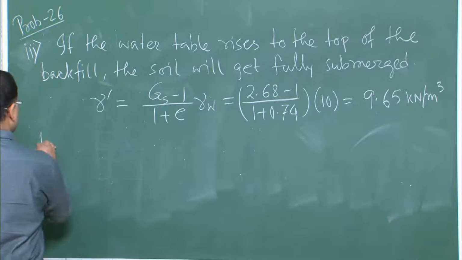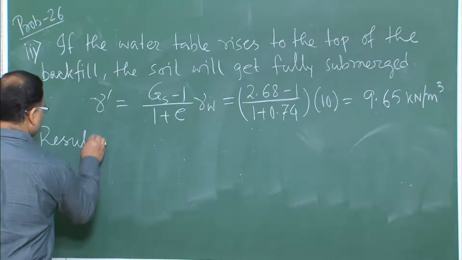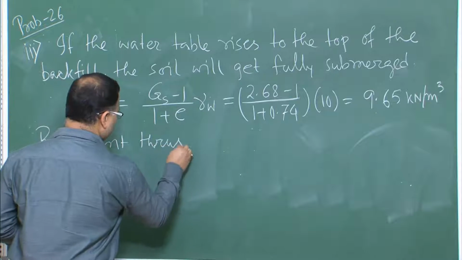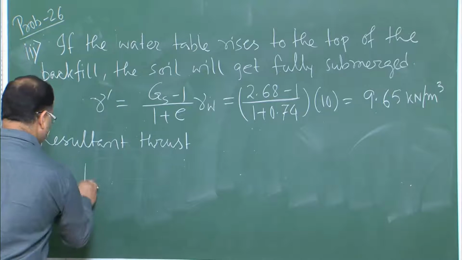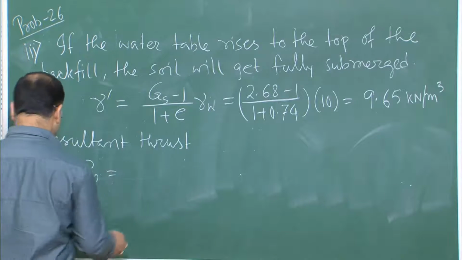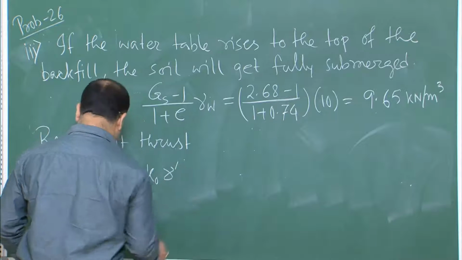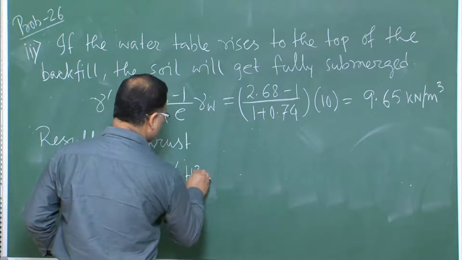So, therefore, resultant thrust capital P naught is equal to half into K naught gamma prime H square.